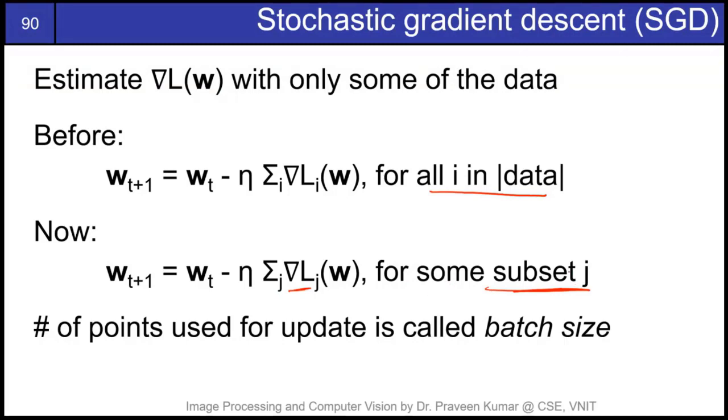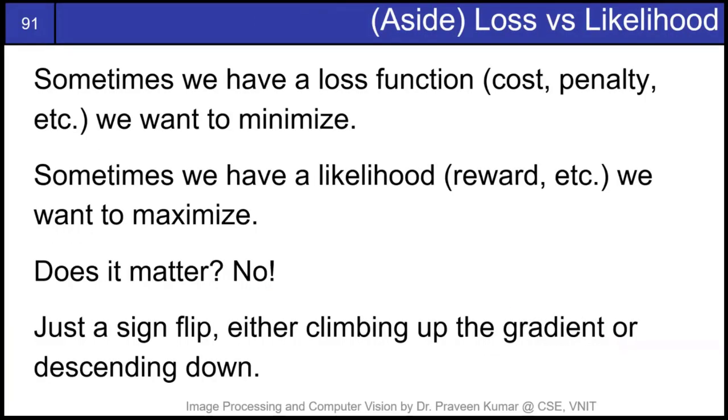So we do a summation over some subset, and the size of that subset is called the batch size. This is one of the hyperparameters that you need to set: how much batch size you decide for training a model. In the extreme, you take the entire data set, but then that will make your training slow. To speed up your training, you take a subset and reduce your batch size. So that is your stochastic gradient thing.